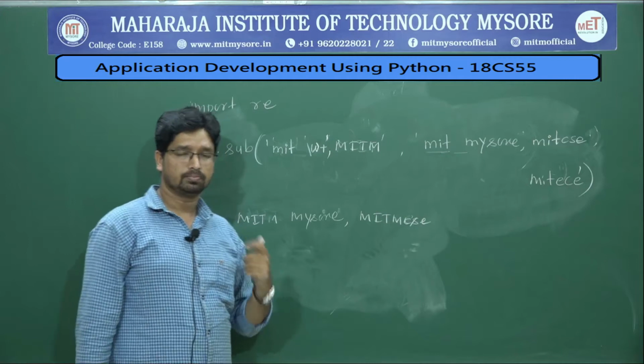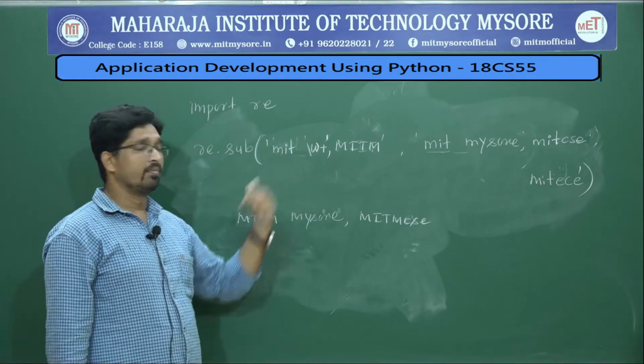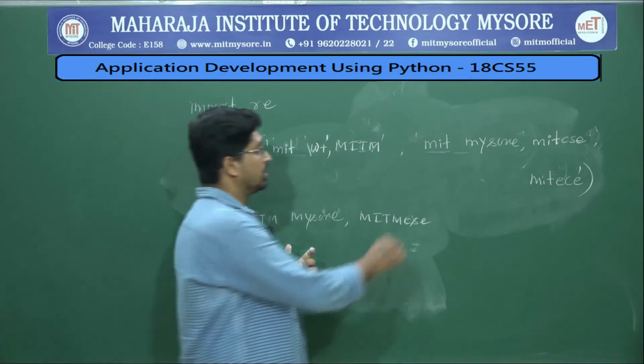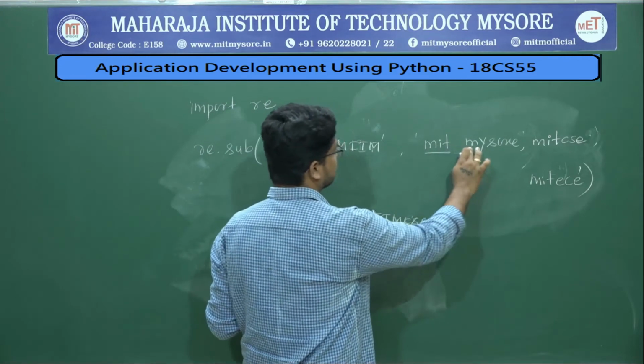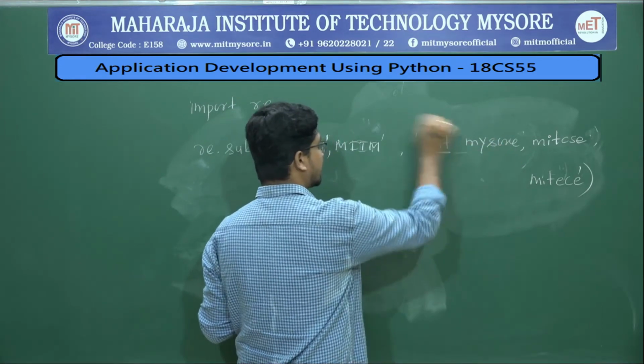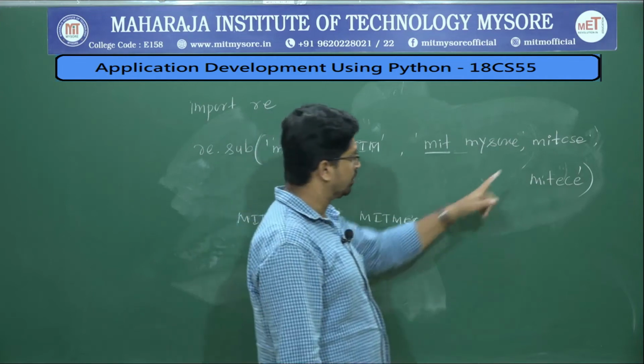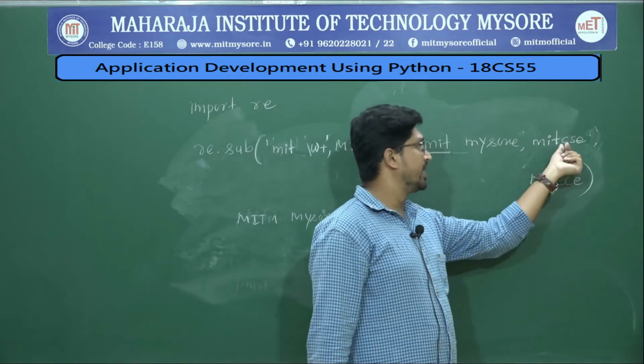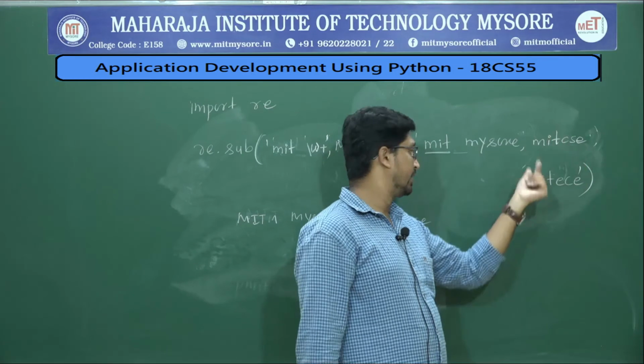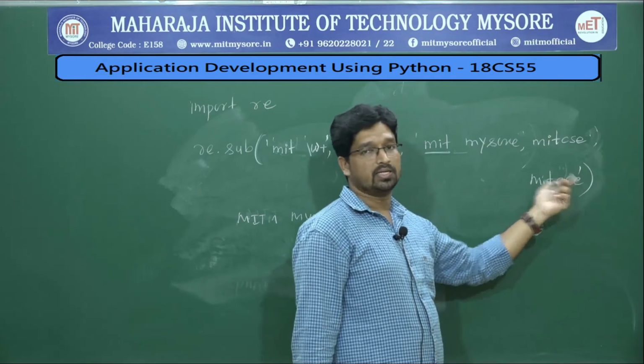Small w indicates any word, one or more characters. So here there is a MIT followed by a space, then there is a word. So this is considered. What about this? MIT, but there is no space, so it is rejected.